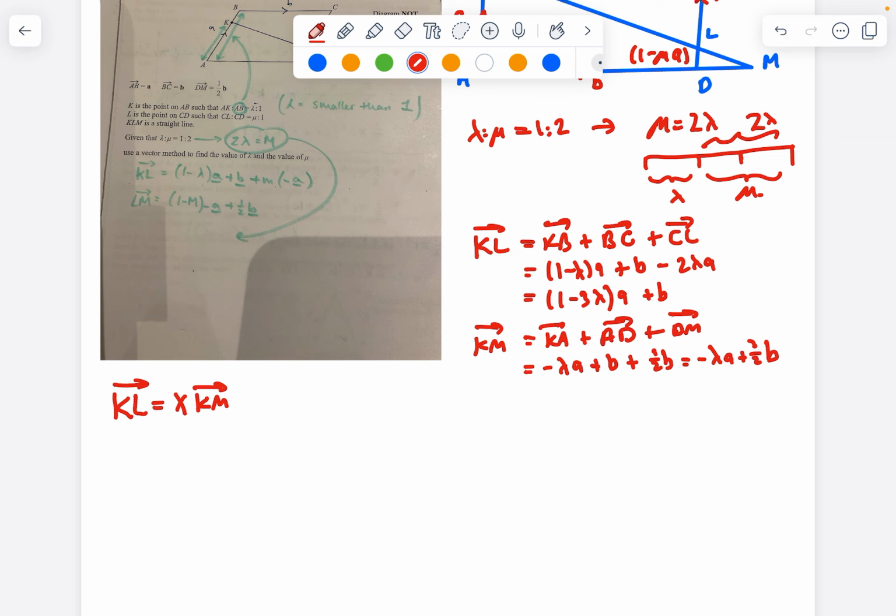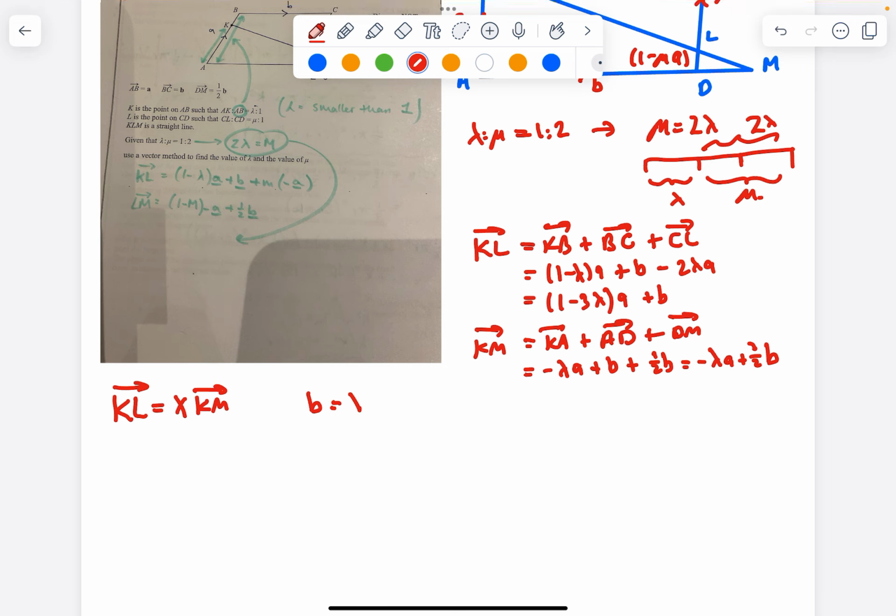I've got 1B, and for KM, I've got x times 3 over 2 B. So now what I've got to work out is what is that x. So if 1B is equal to 3 over 2 x times B, that means that 1 is equal to 3 over 2 x, and therefore x is equal to 2/3.